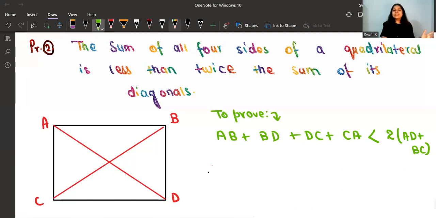All right, so let's quickly start with the proof, because it's very simple and very straightforward, because we have already understood the first one.